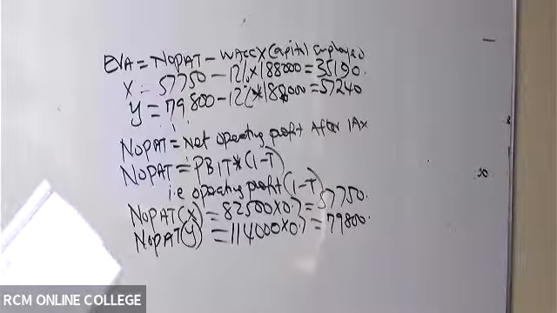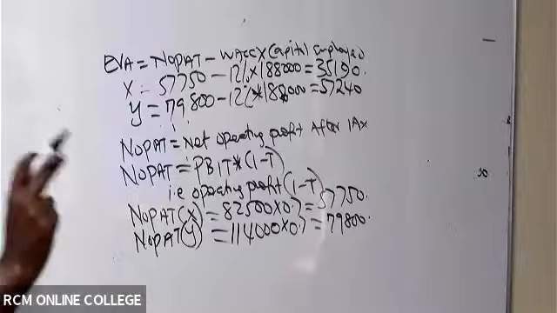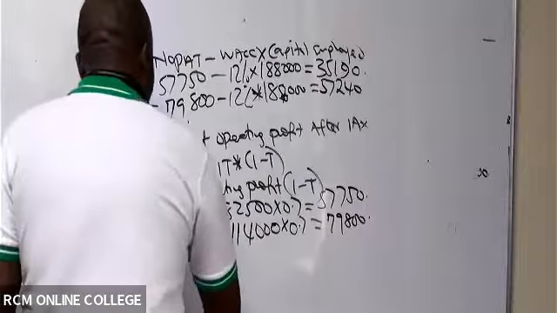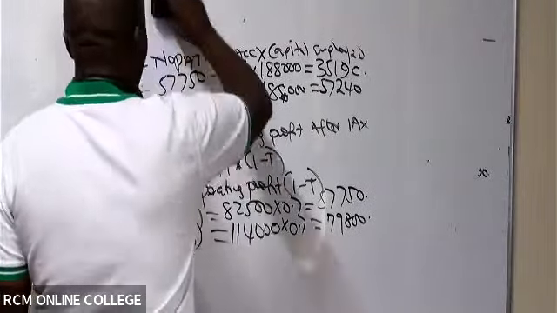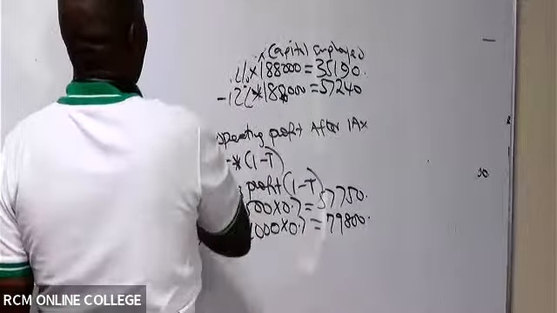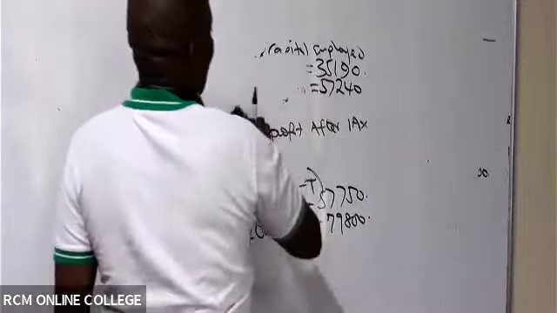The last question, they want us to give them the assets turnover ratio. Here you have to be very careful, otherwise you will end up messing.